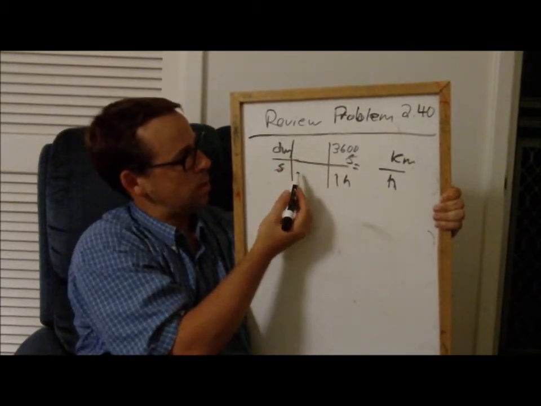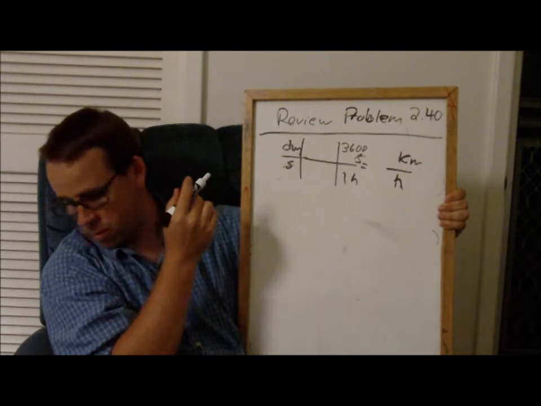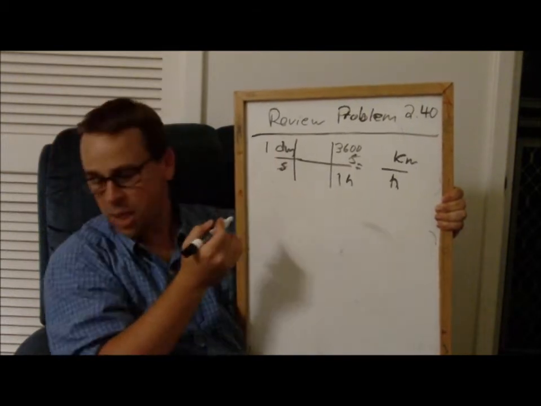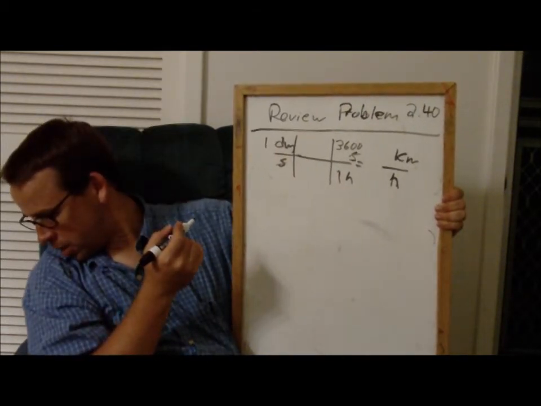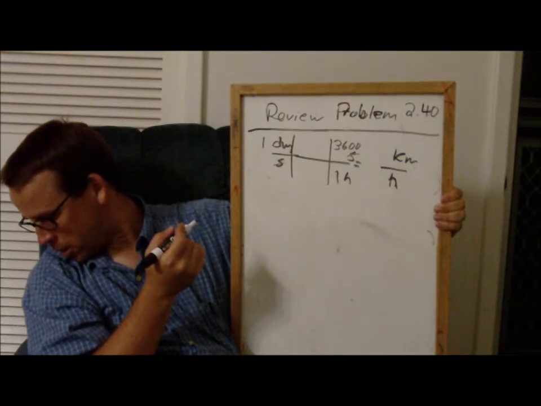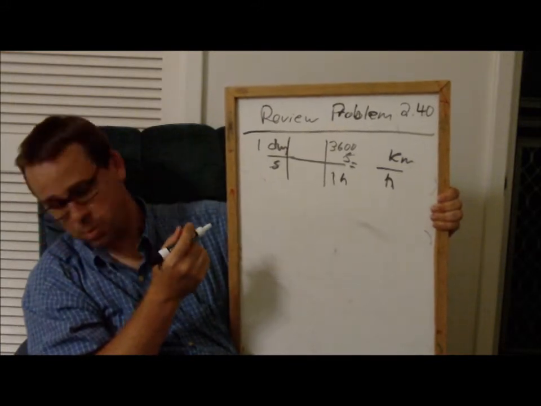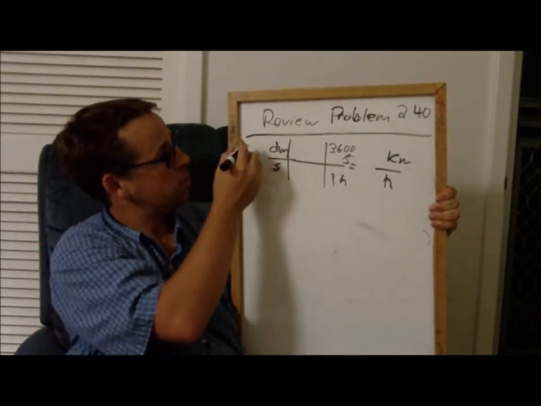Decimeters. We have 32.0 decimeters per second, and we want to know how many kilometers per hour that is.